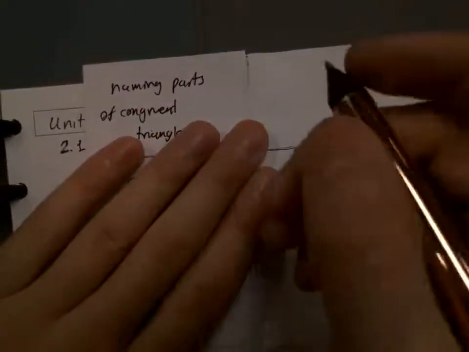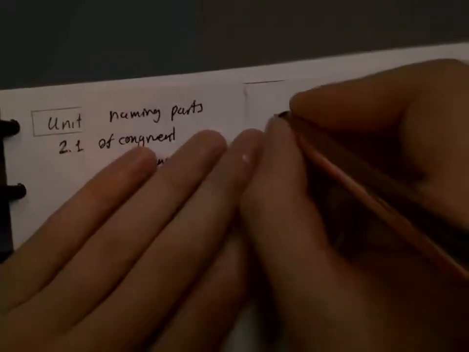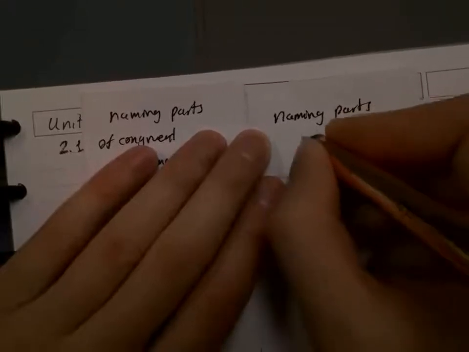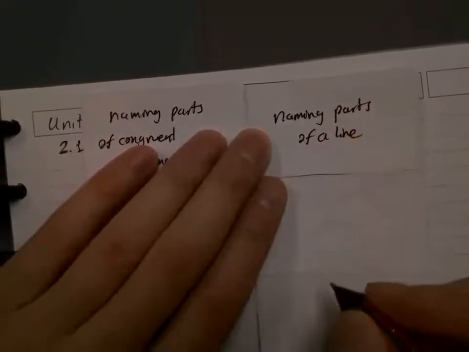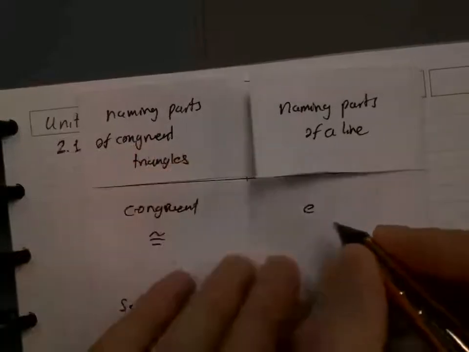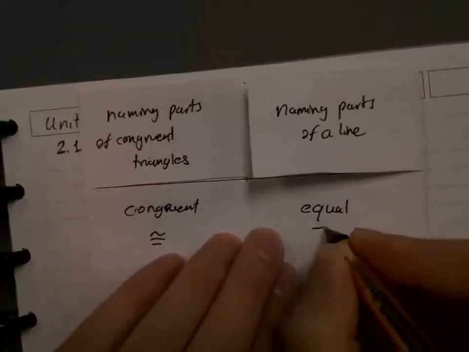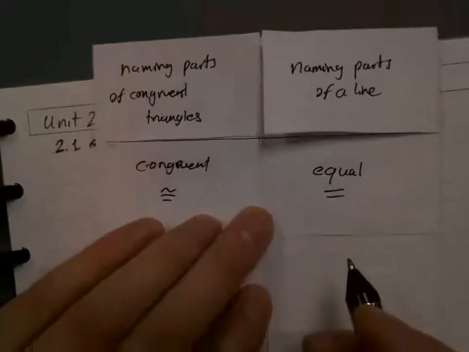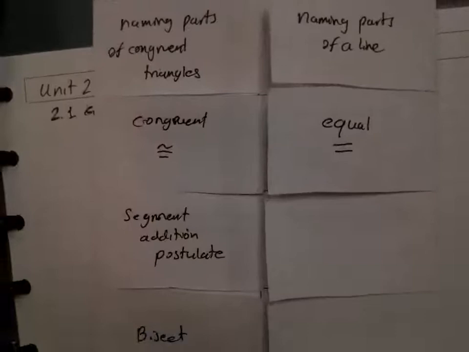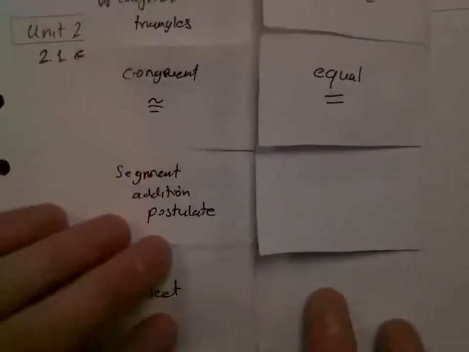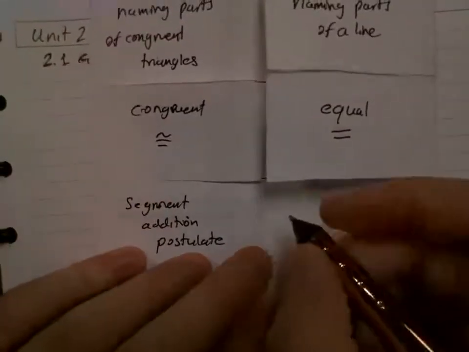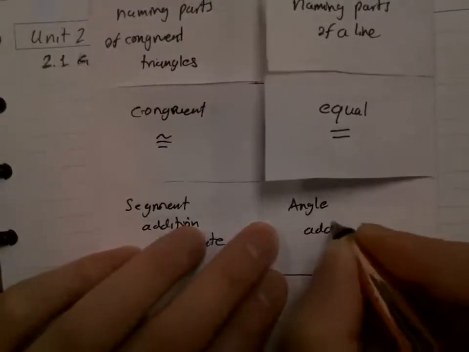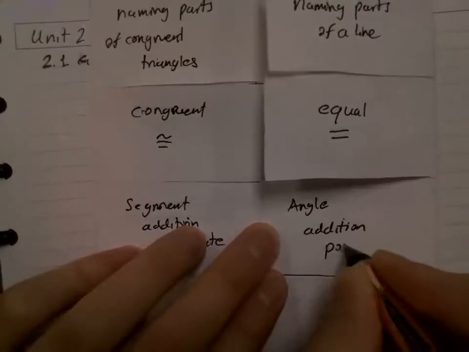All right, the other column is naming parts of a line, equal, okay? Notice that these are not the same thing, okay? Angle addition postulate.